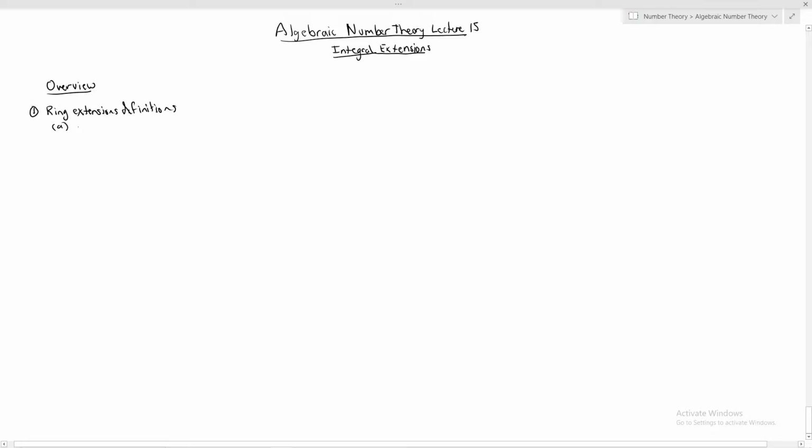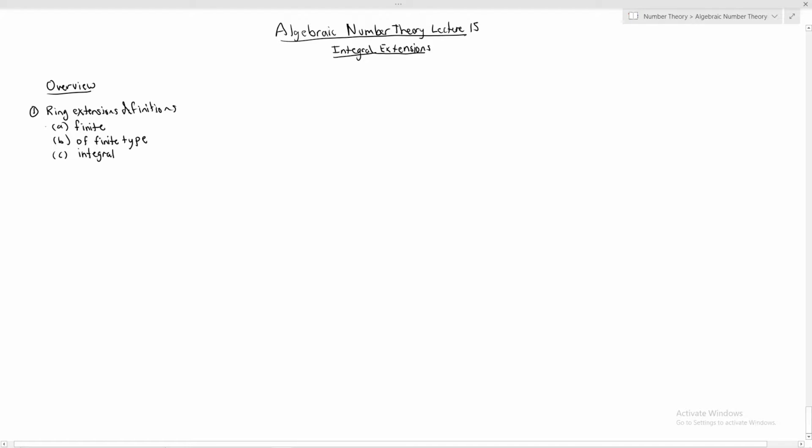There'll be three important ones for us. There'll be the notion of an extension of rings being a finite extension of rings, an extension of rings being of finite type. So this is kind of bad terminology, but it's standard nonetheless. Finite and of finite type are two completely different, related but different notions. And C, an extension of rings being integral.